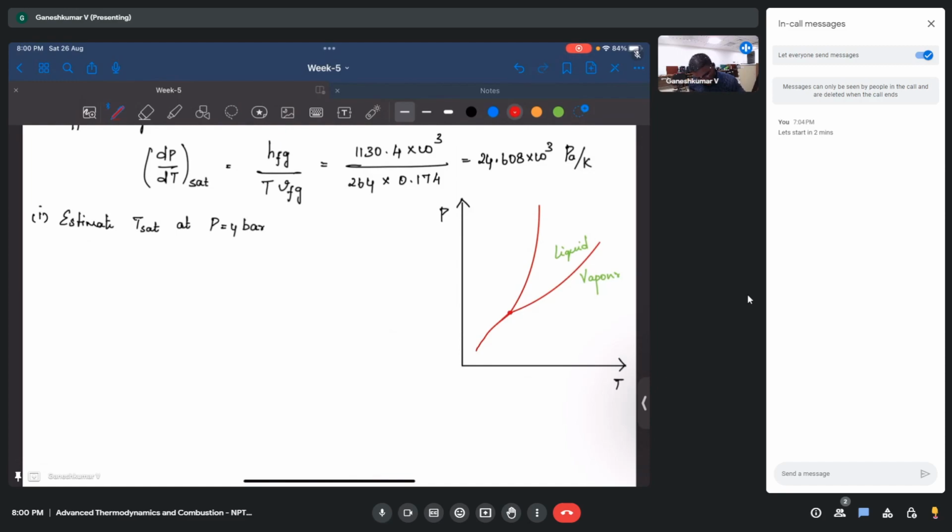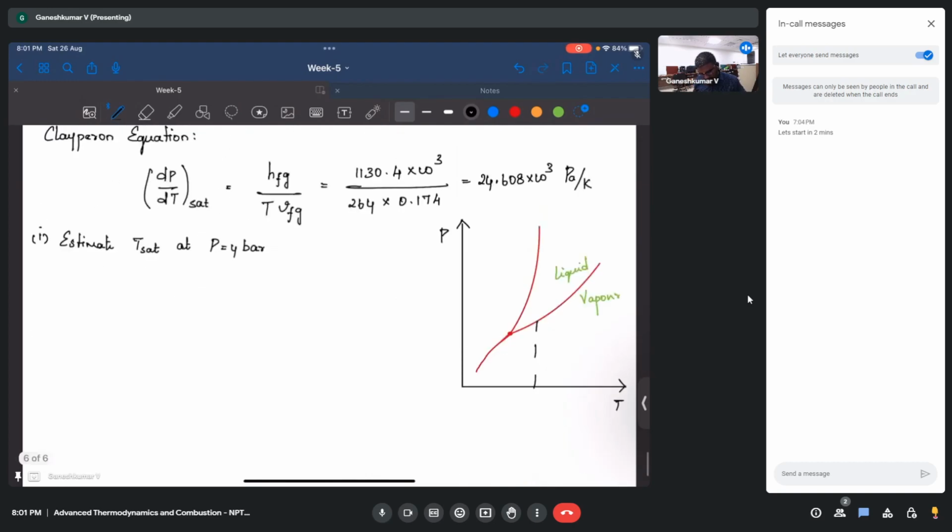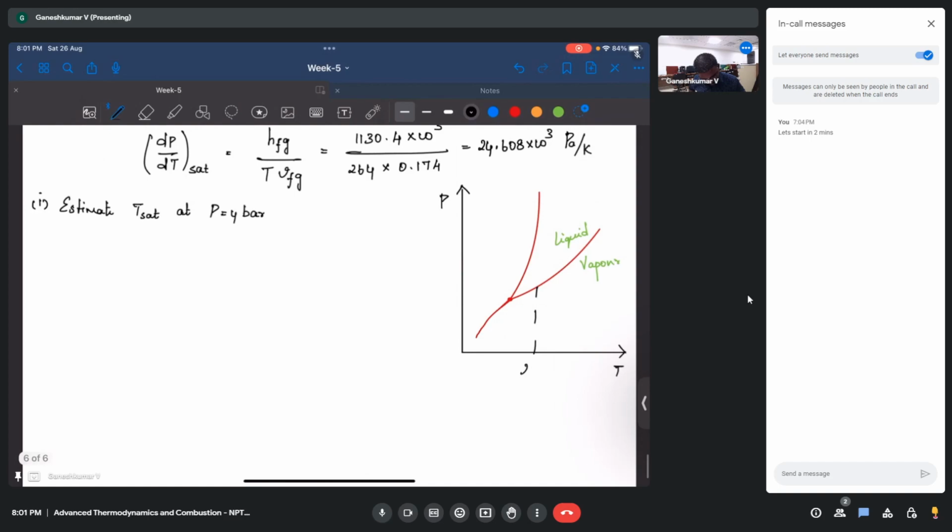So now we found dP/dT sat at a certain temperature. Let's say this is the temperature. So what is this temperature? 264 Kelvin, and the corresponding pressure is around 3.5 bar. Now let's say you increase to 4 bar. That's the question.